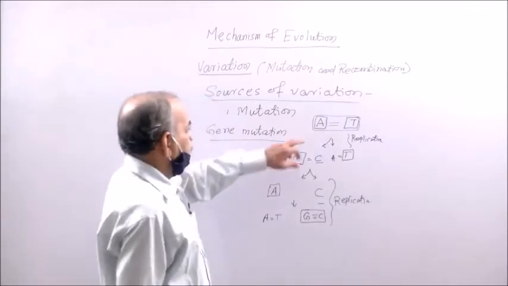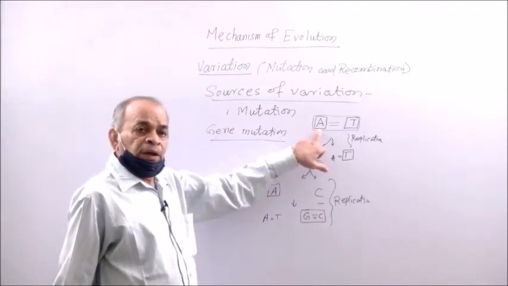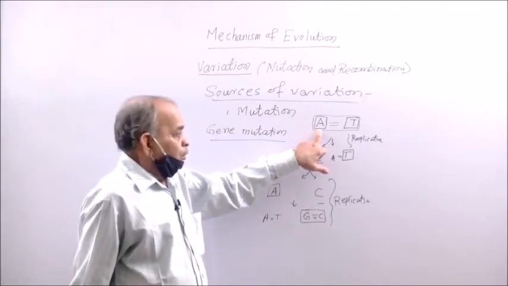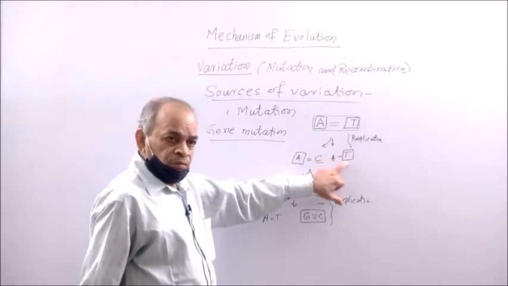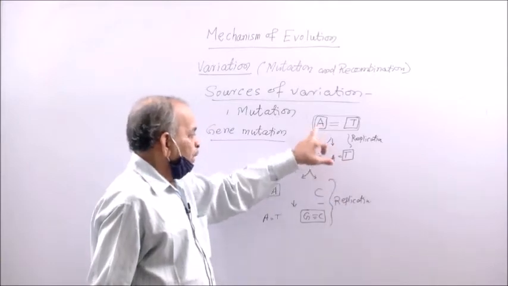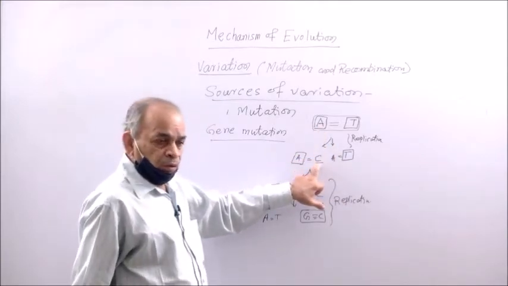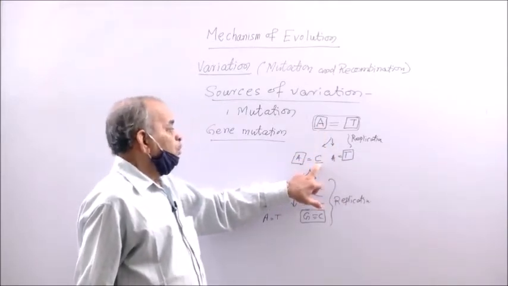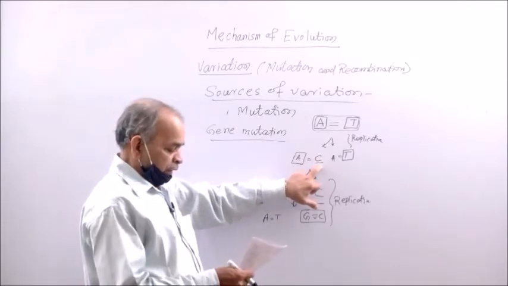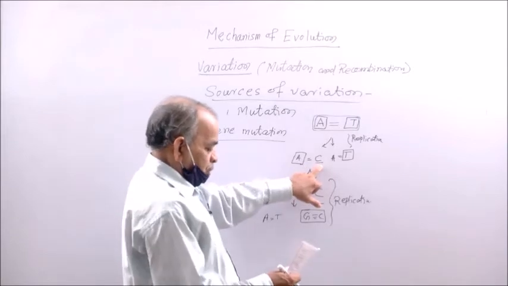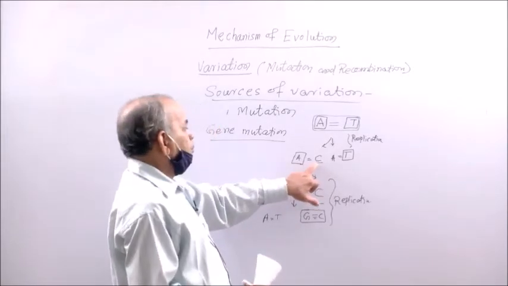So you can see here the combination was AT. Now during replication they separate, then the other bases or nucleotides combine here, and here you can see there is the tautomeric shift of pairs.